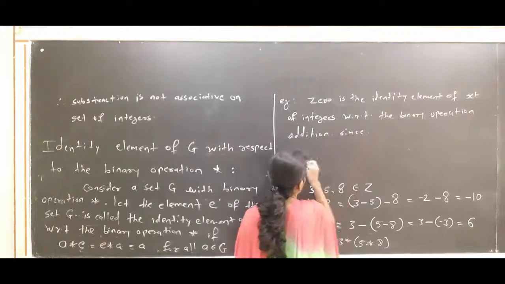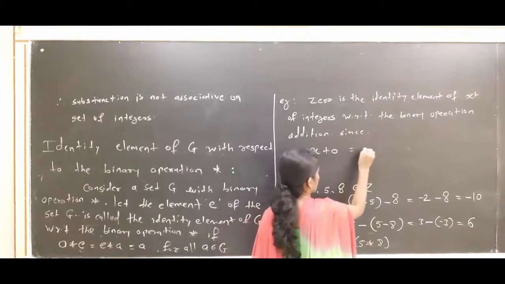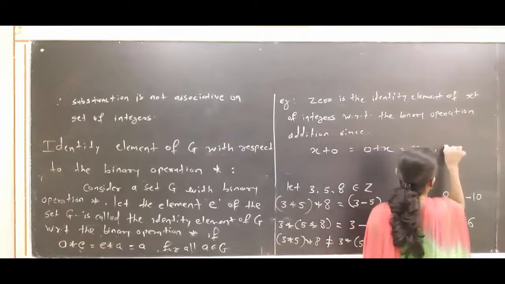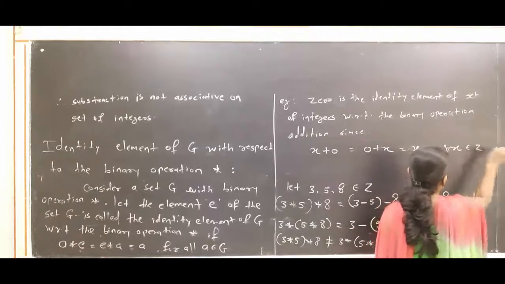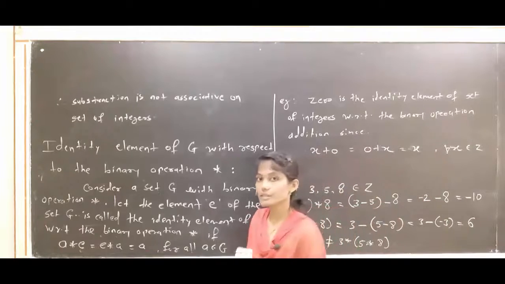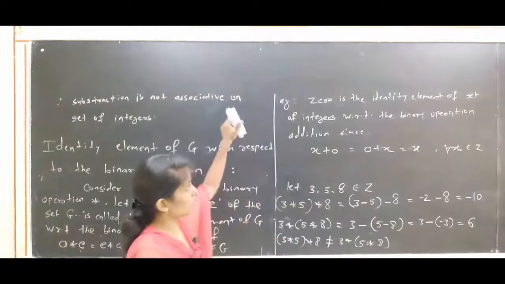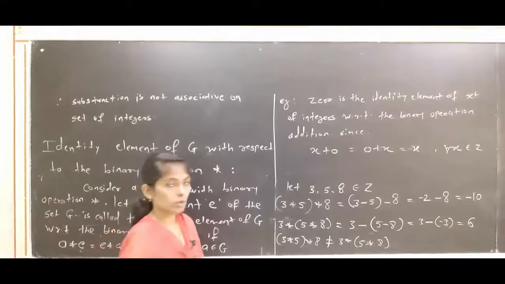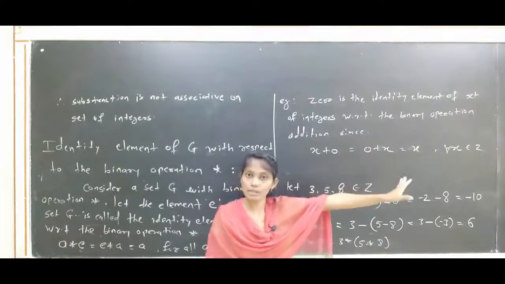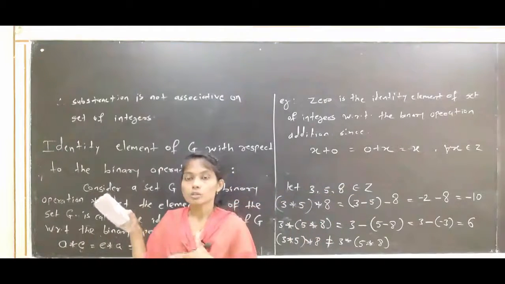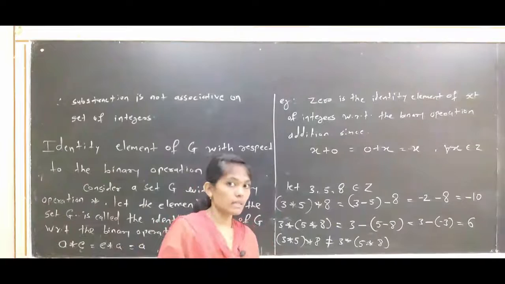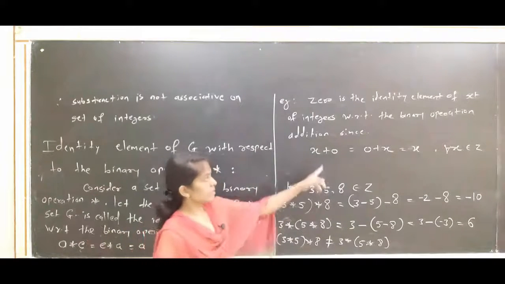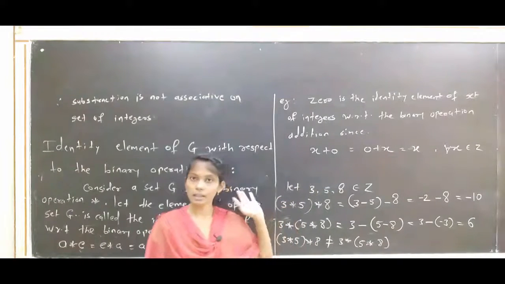Since x plus 0 is equal to 0 plus x is equal to x for all x belongs to the set of integers. So 0 is the identity element with respect to the binary operation addition of the set of integers. So with respect to addition, any element plus 0 we get that element itself, hence 0 is the identity element.